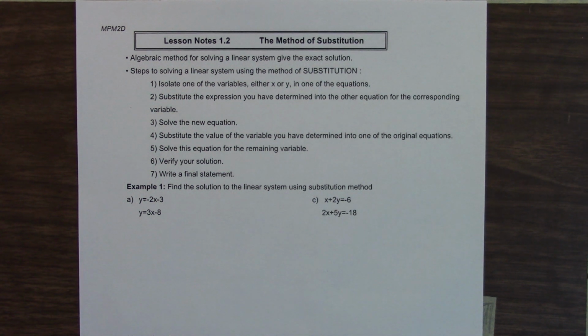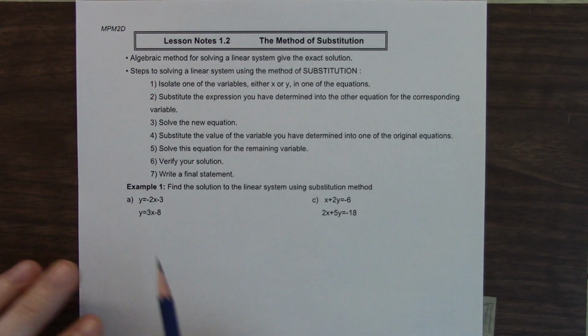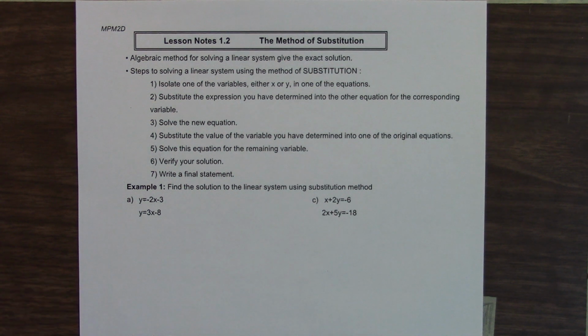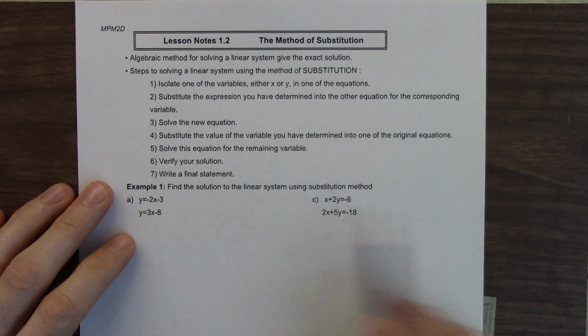We want them to equal the same. We want the left side to equal the right side. And if it says like 7 equals 7, we know we got the right answer. Make sense? And then we'll write our final statement.